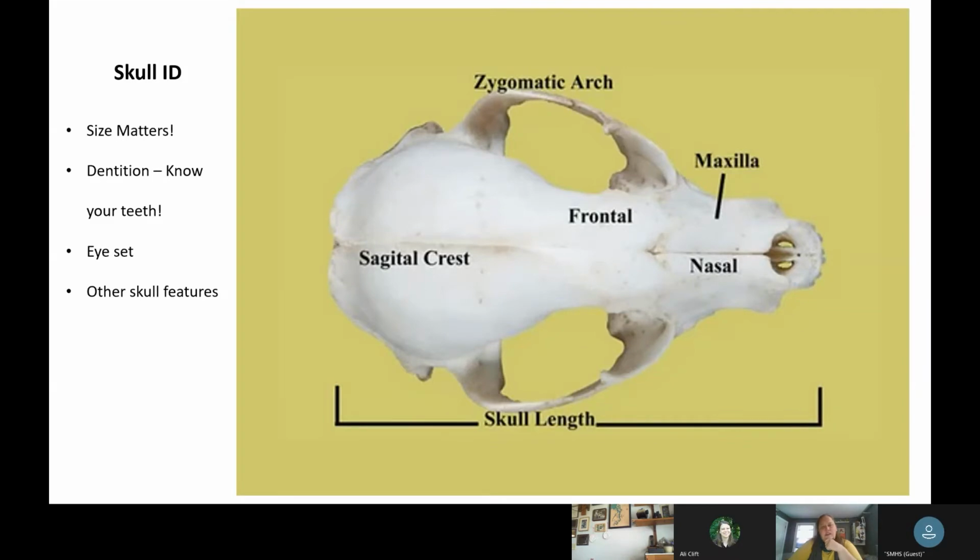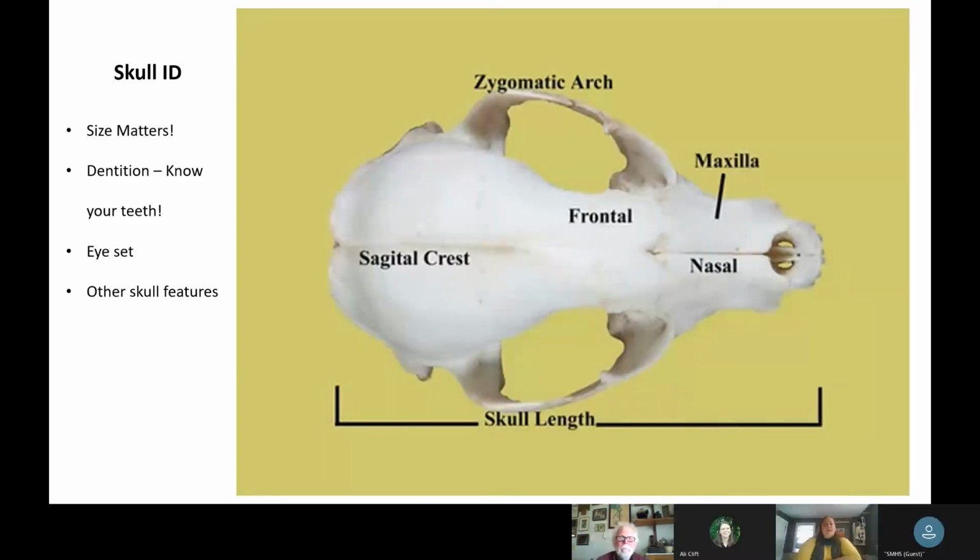If you haven't participated in the Envirothon test before, there are questions that revolve specifically around the identification of these skulls. Unfortunately, in the online environment it's not as easy because you don't get to actually handle them, which is why I suggest, if you don't have a collection of skulls at your school, borrow one of these safari boxes so you can play with the materials.